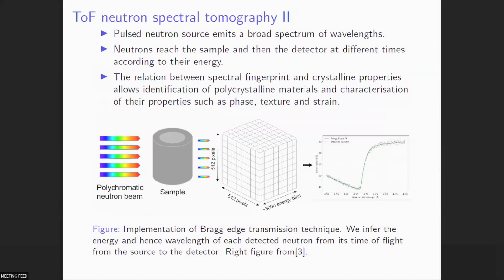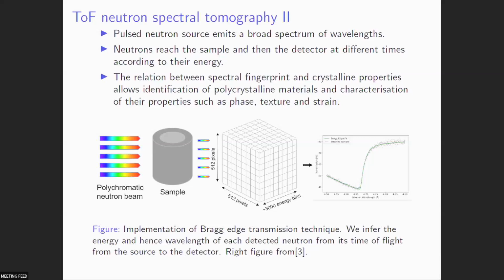a pulse of neutrons come through and they cover a range of energies. It's rather easy to measure the spectrum of neutrons because the wavelength is related to the speed. They put these neutrons on a very long tube, and so the first ones to arrive are the fast ones that win the race, right? So all you need to do is time gate the neutrons to get spectral data, which is pretty neat. And the thing that we're usually interested in here is the Bragg edge, which reflects the separation between the crystallographic planes.